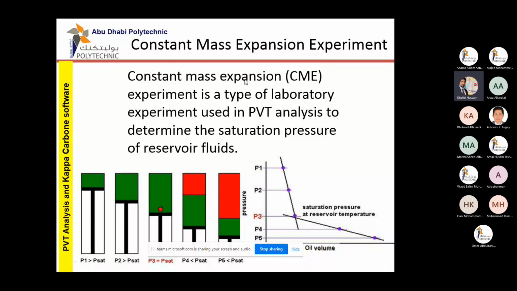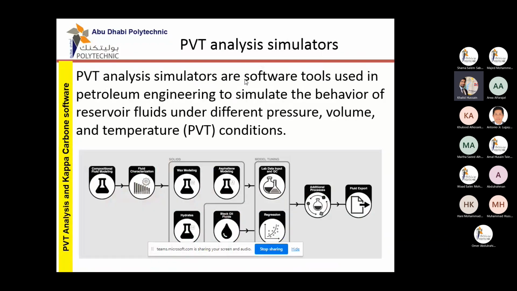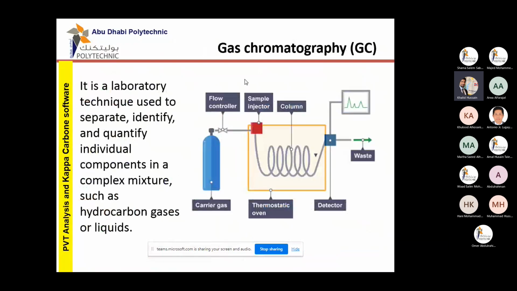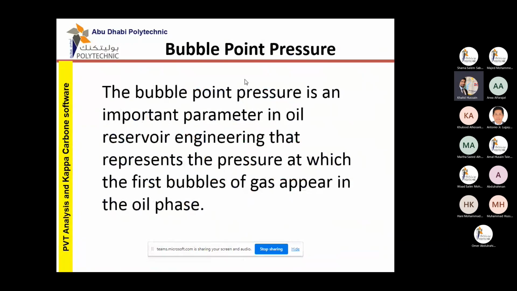Later, we have gas chromatography and then the bubble points. Once we have the bubble point, the sample is ready to be put in a GOR meter to separate oil and gas, and we can figure out the density of oil.